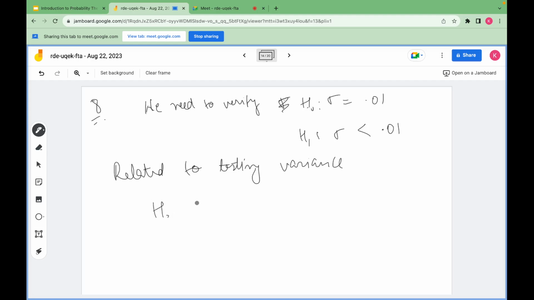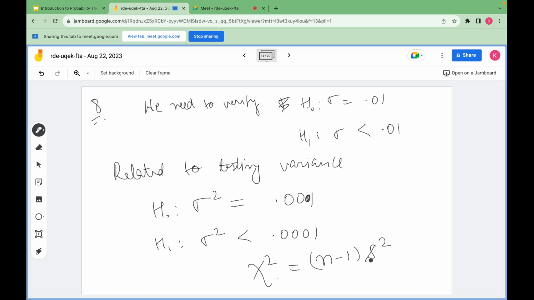Here H naught is that sigma square is equal to 0.01 squared, that is 0.0001, against the alternative that it is less than 0.0001. In this we will calculate our test statistic, which is chi square, equal to (n minus 1) times sample variance divided by population variance.